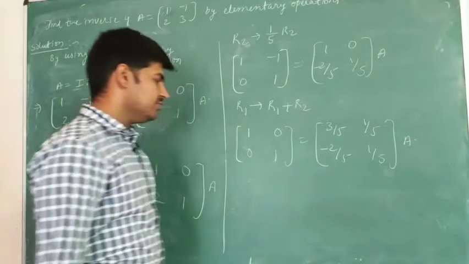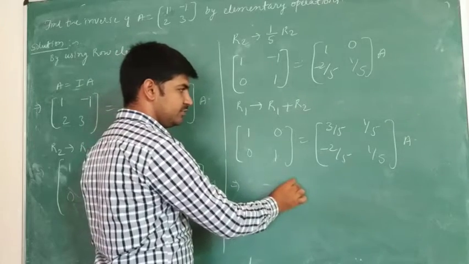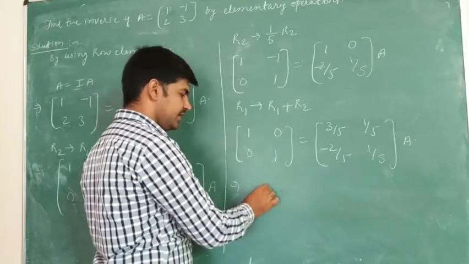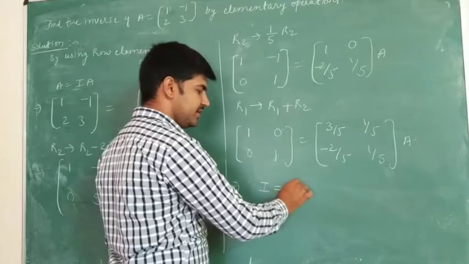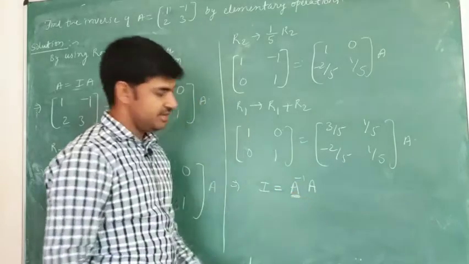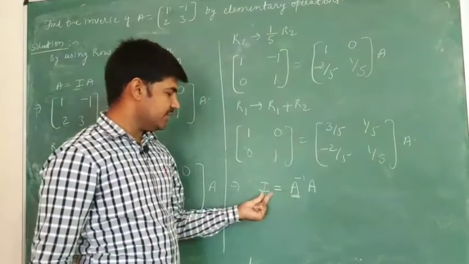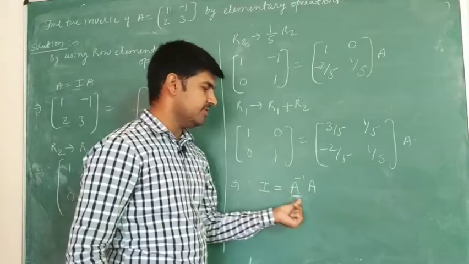So what we have got, students, is identity matrix equal to some matrix times A. So that particular matrix is the inverse of this particular square matrix A. A times what is equal to the identity matrix? The inverse of that particular matrix.